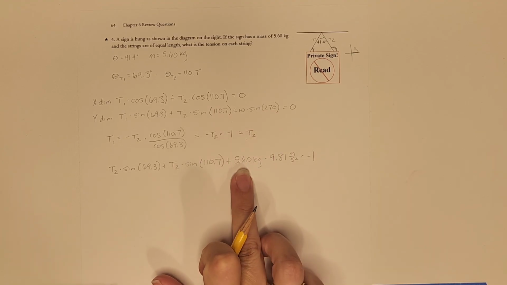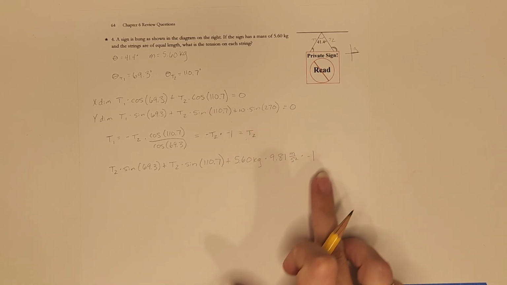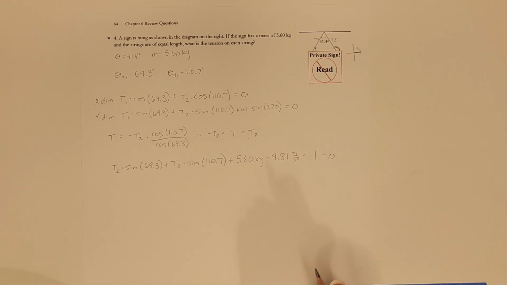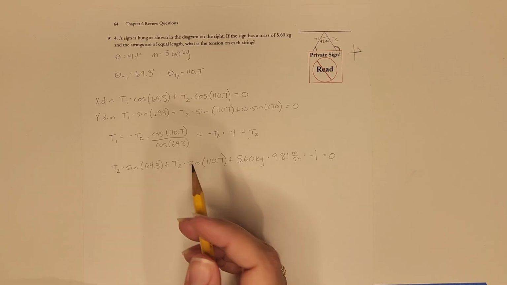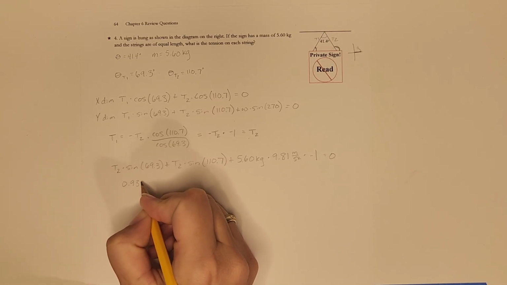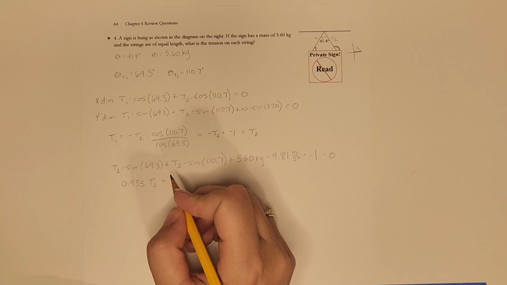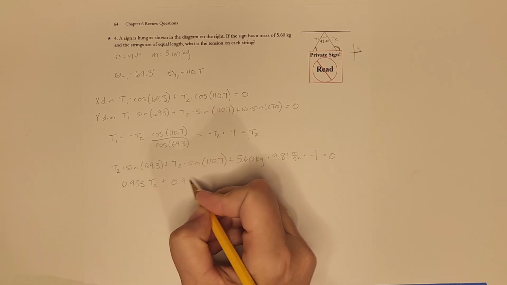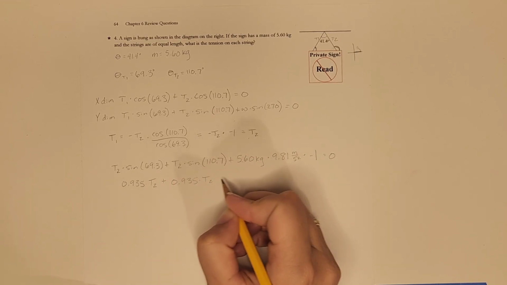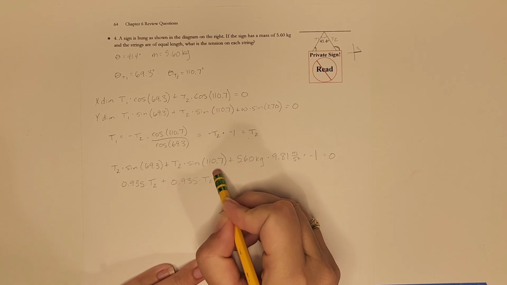Okay, so I have my weight, 5.6 kilograms, times 9.81 meters per second squared, and sine of 270 is -1. And all of that is set equal to 0. Okay, and so when I do sine of 69.3, I get 0.935 times T2 plus sine of 110.7 is also 0.935 times T2 plus, sorry, it's going to be minus because we have that -1.